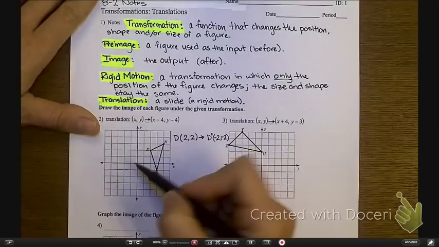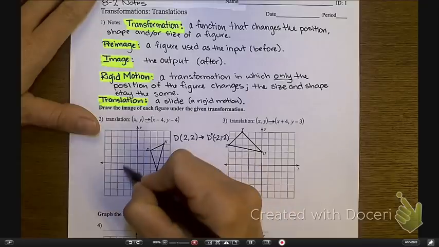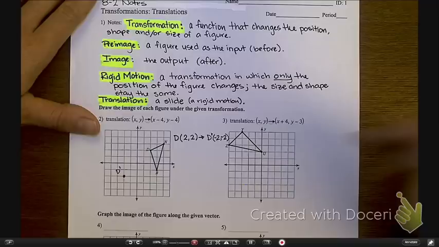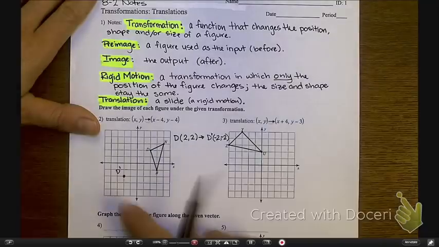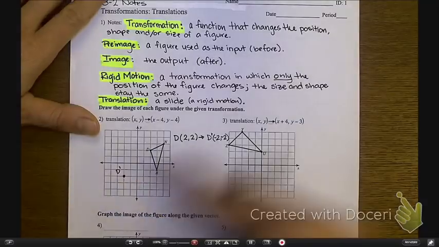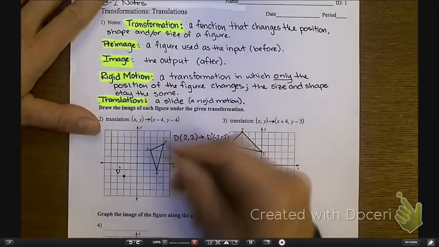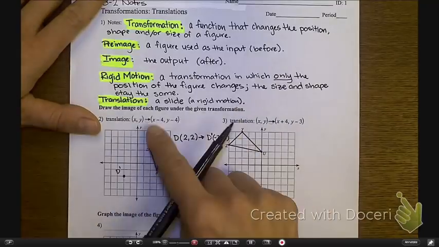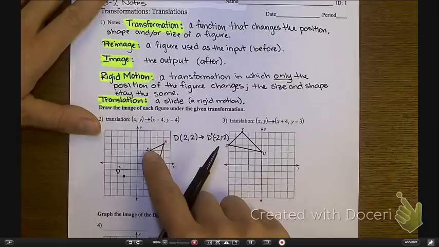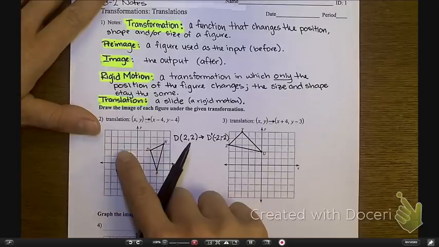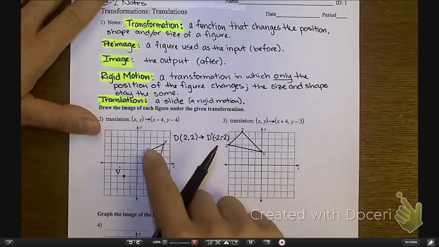If I graph that point, negative 2, negative 2, that is where D prime would be. D prime is the after. Essentially, if you think about your x-axis, this is telling you to take the original x value and move it 4 spaces to the left, 1, 2, 3, 4, because minus 4 implies going in the negative direction.